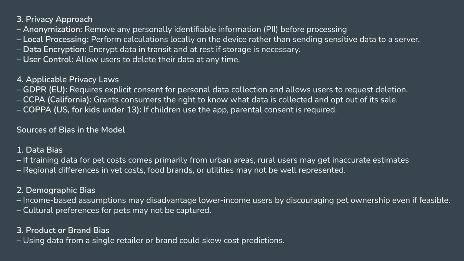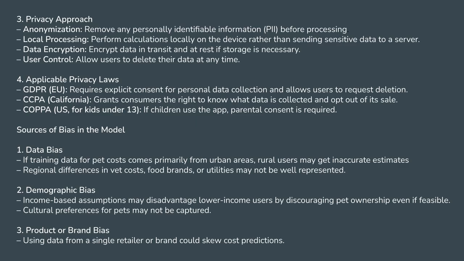Remove any personally identifiable information, PII, before processing. Local processing. Perform calculations locally on the device rather than sending sensitive data to a server. Data encryption. Encrypt data in transit and at rest if storage is necessary. User control. Allow users to delete their data at any time.